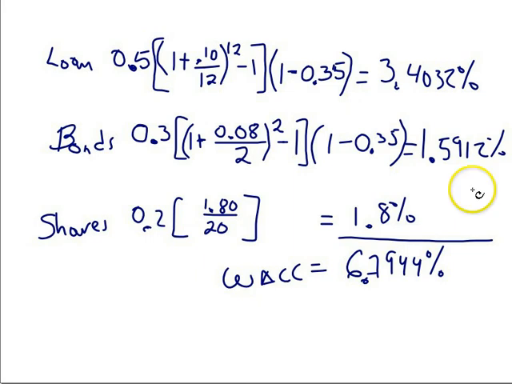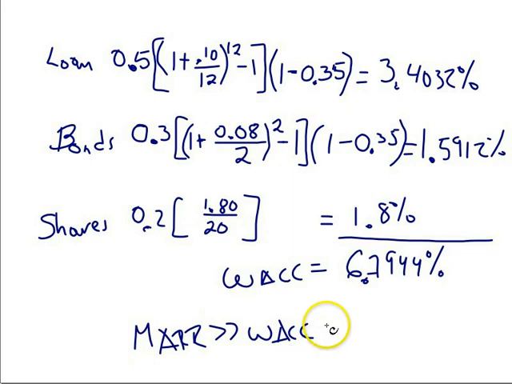So there you go. That's how we compute a weighted average cost of capital, and the expectation would be that the minimum attractive rate of return would be somewhat larger than the weighted average cost of capital, depending on the level of risk. So how much of minimum attractive rate of return could be with a 6.79?